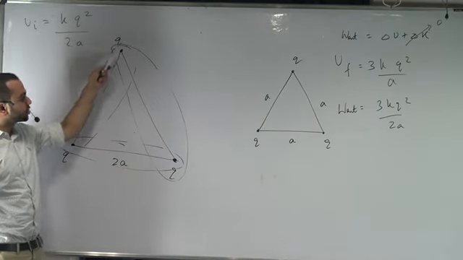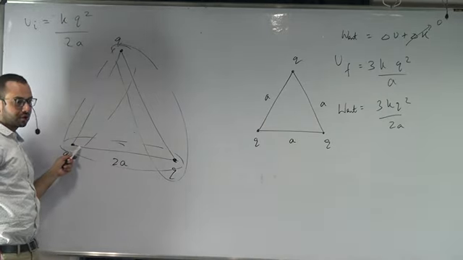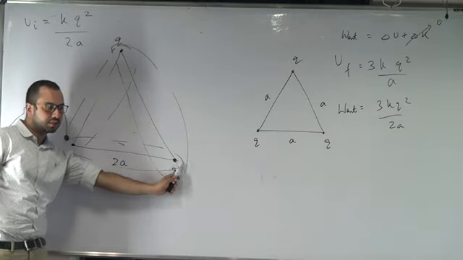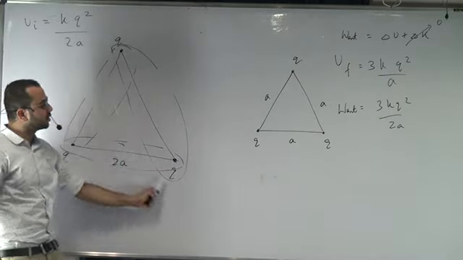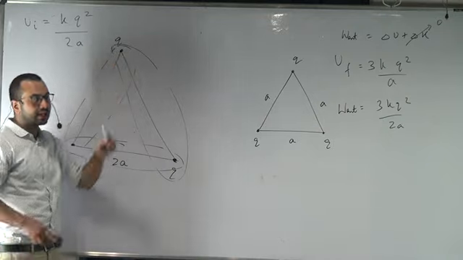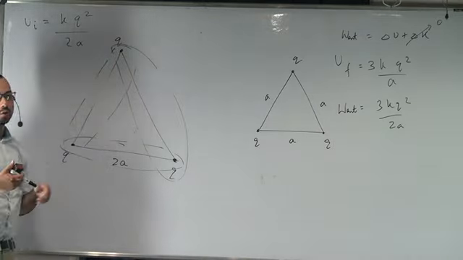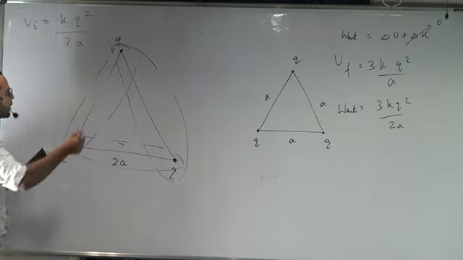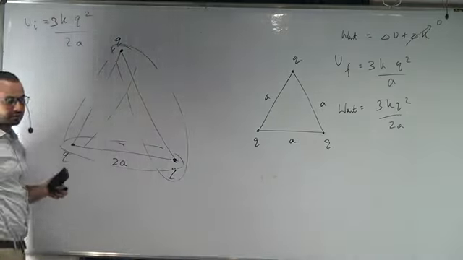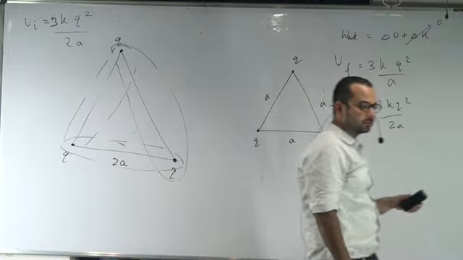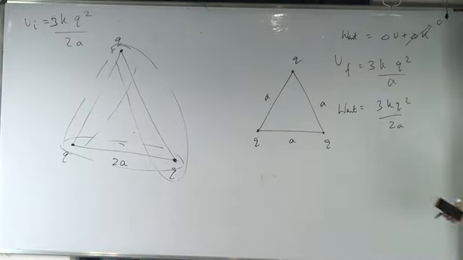I'm calculating the potential energy of this combination plus this combination plus this combination. For one combination I have this potential energy, but I have 3 identical combinations, so I'm writing into 3. So that will be the work done by the external force. Is that clear?